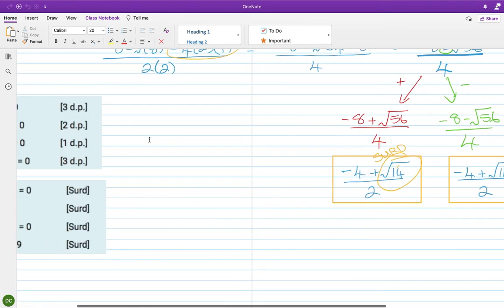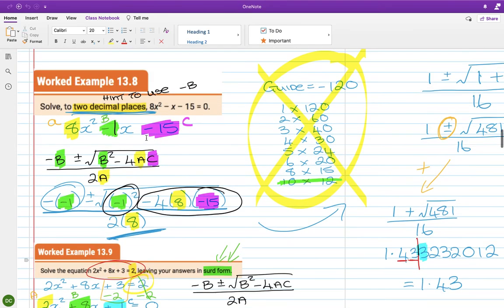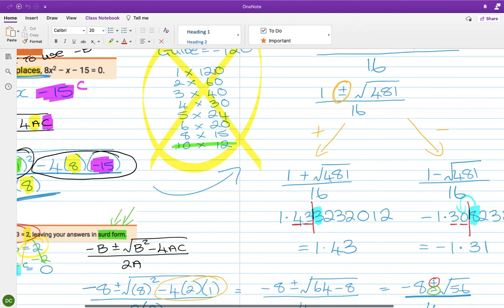All right. So whether you're asked to give the answers to decimal places or in surd form, the process is the same. You find your A, your B, and your C, you put them into the minus B formula, you get it down to this point here, where there's no addition or subtraction to be done under the square root.